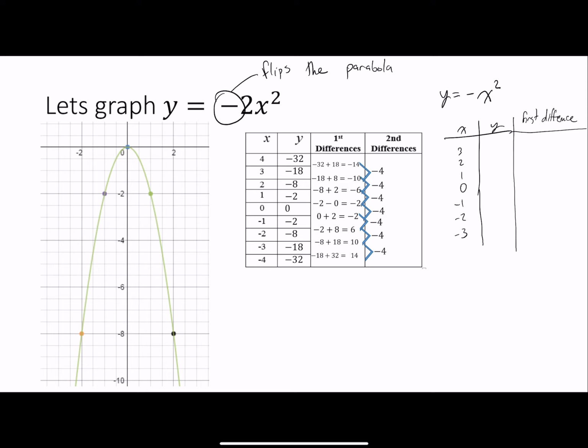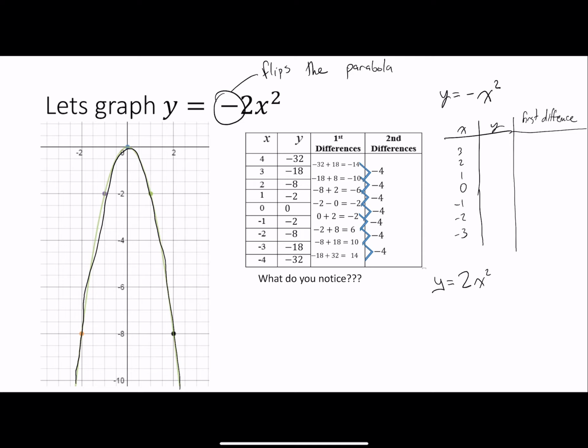Additionally, on your own, I want you to find y equals 2x squared. And you'll notice that it'll be the exact same parabola as this, same step pattern, except it will not be flipped. You can try this on Desmos, but really try and go over the first differences.